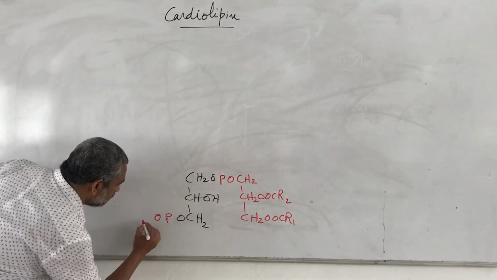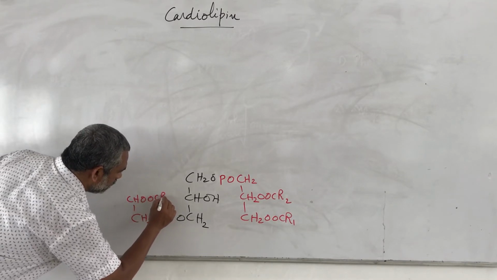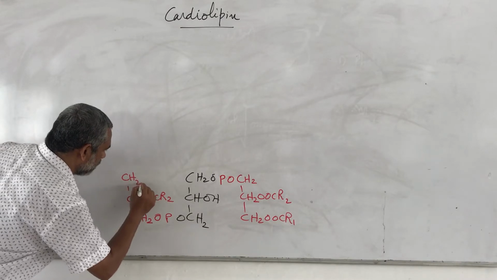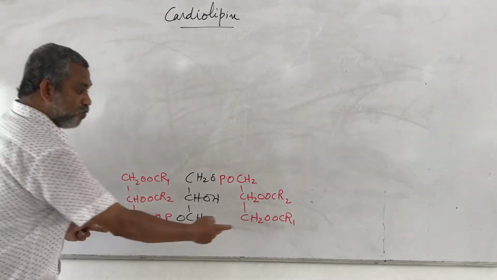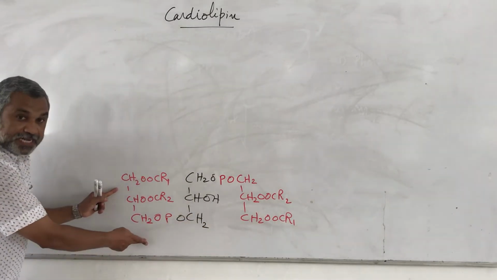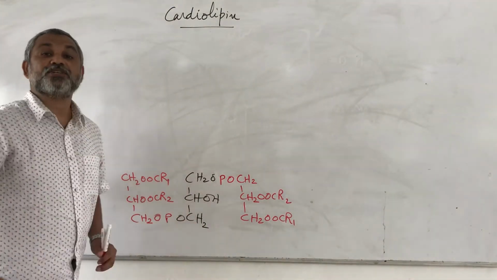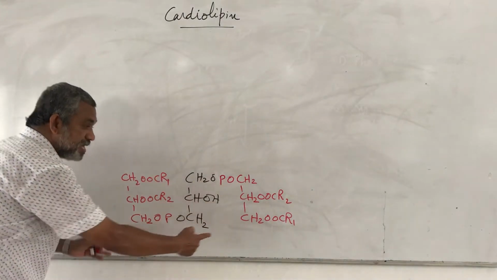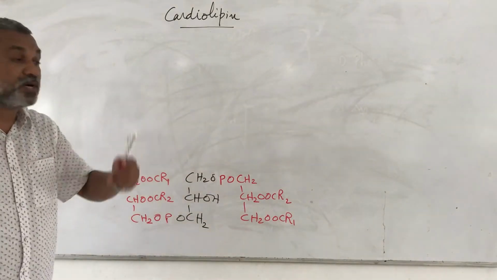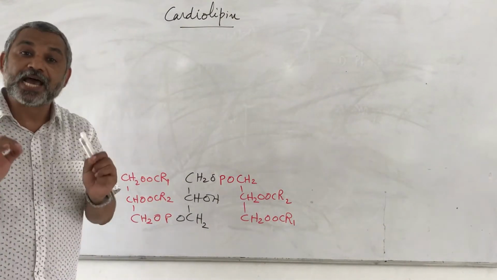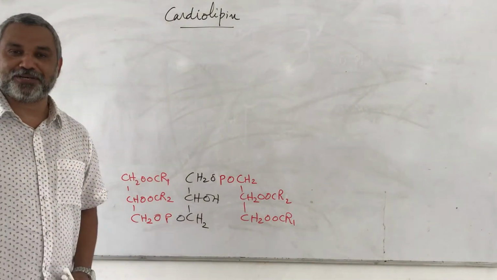So therefore you see that one phosphatidic acid here, another phosphatidic acid attached to a glycerol unit. So therefore this is the structure of cardiolipin. You can also say that this is diphosphatidylglycerol. Another name for cardiolipin is diphosphatidylglycerol. Let us see how we synthesize this particular molecule.